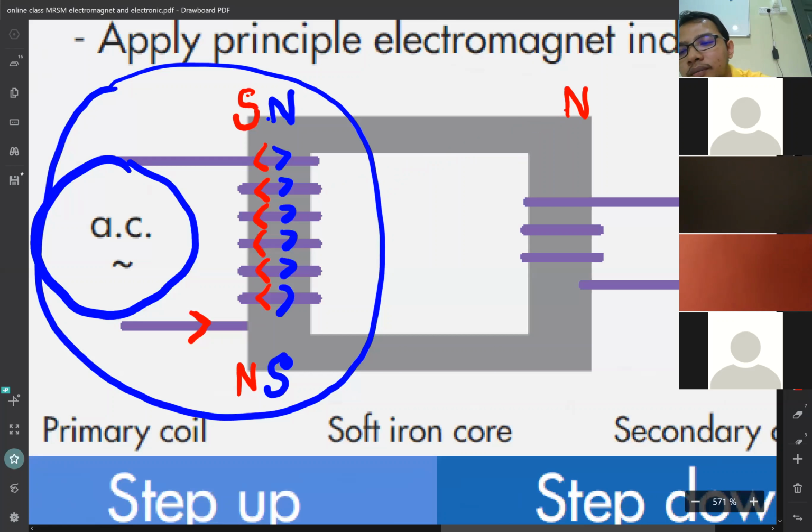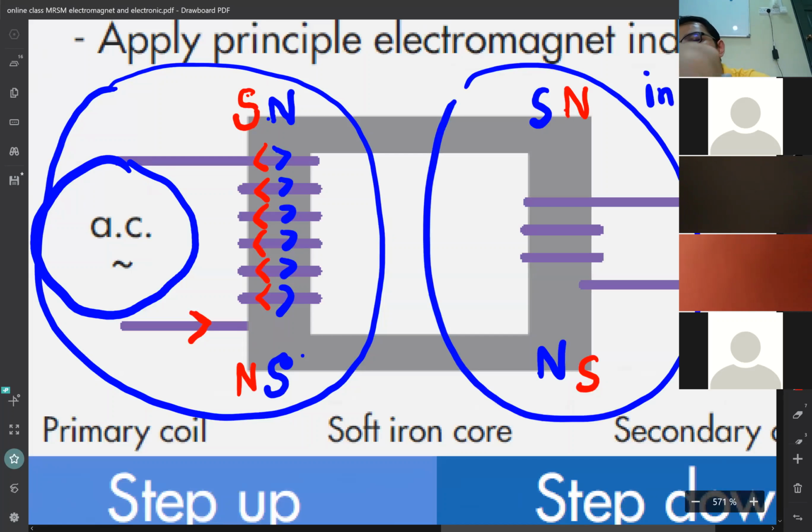Sometimes it's north and this is south, and sometimes the upper part is south and the lower part is north. So the changing of magnetic field produces an induction. So this side is basically an induction.